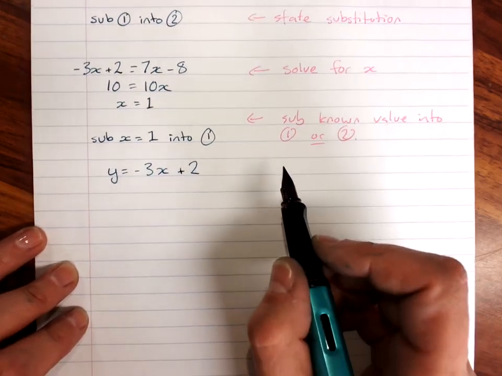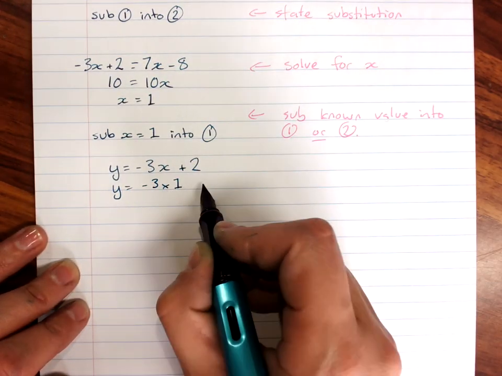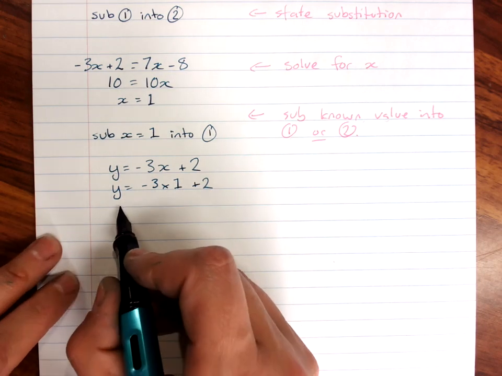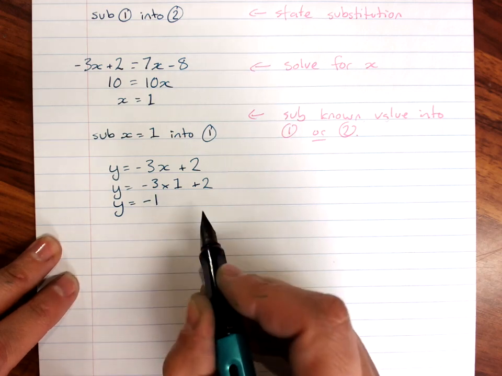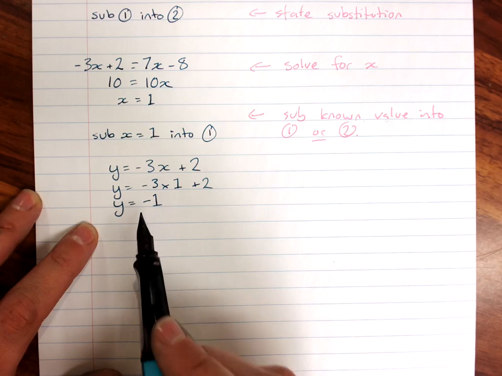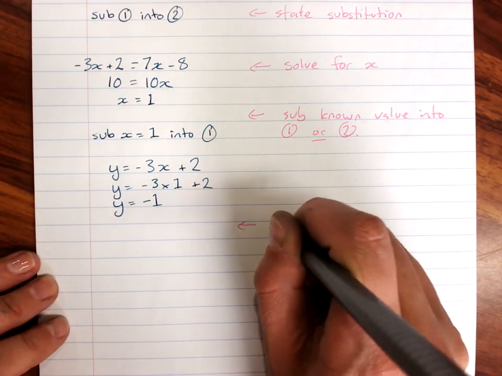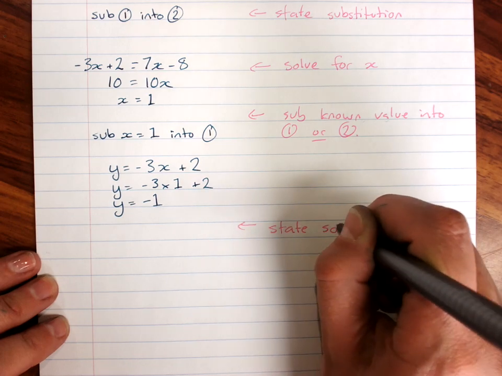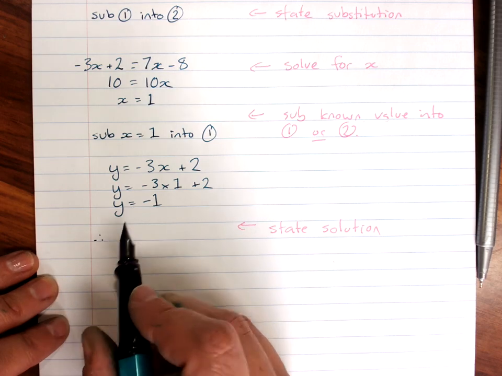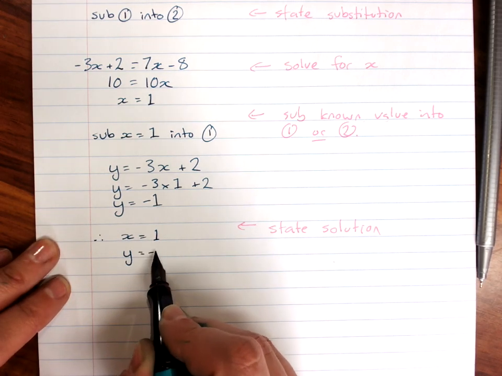Substitute that value of x. Negative 3 times 1 is negative 3, plus 2 is negative 1. Now you've got your x value and your y value. You state your solution. Therefore, x equals 1, y equals negative 1.